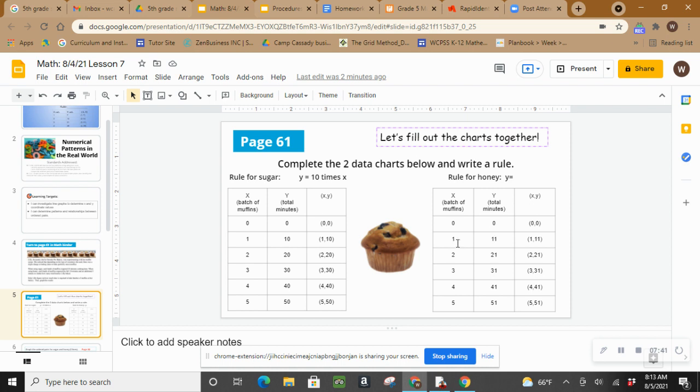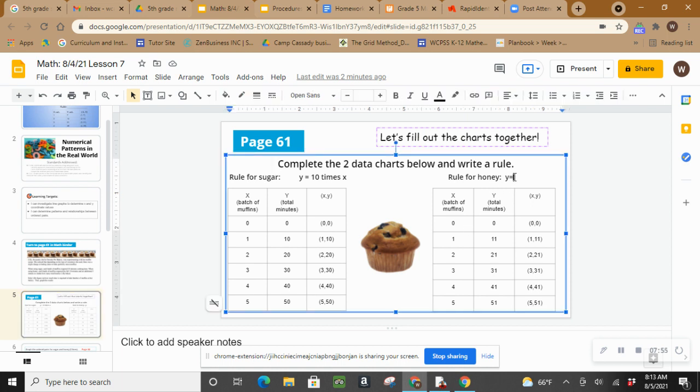If I said y equals 11 times x, is that going to work all the time? 1 times 11 is 11, yeah, but 2 times 11 is 22, so no, that doesn't work. So we got to put y equals 10 again, because 10 times x. It's not just 10 times x, because that would be 10. Then you got to add 1, so plus 1.